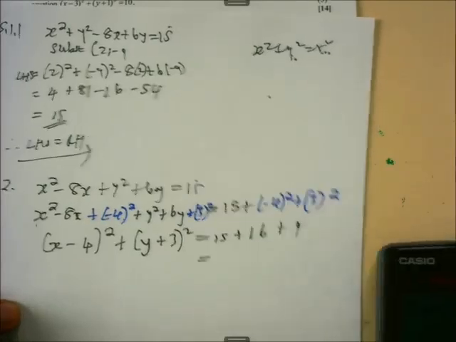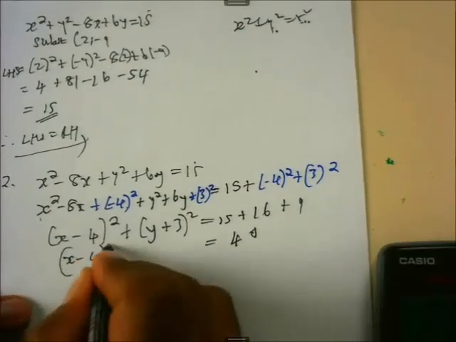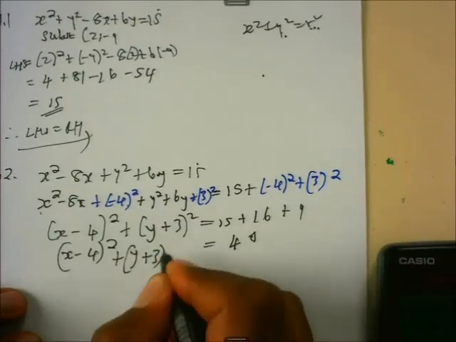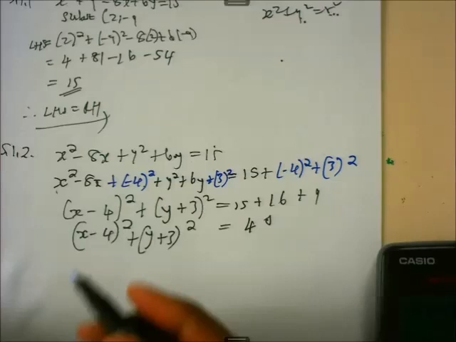The answer there is 40. Therefore we have x minus 4 all squared plus y plus 3 all squared equals 40.